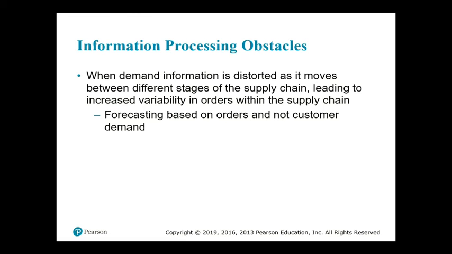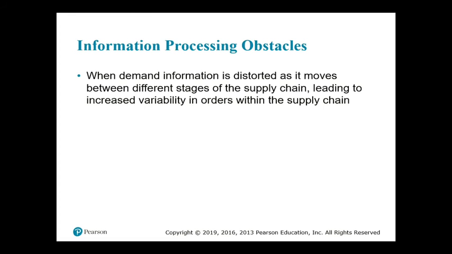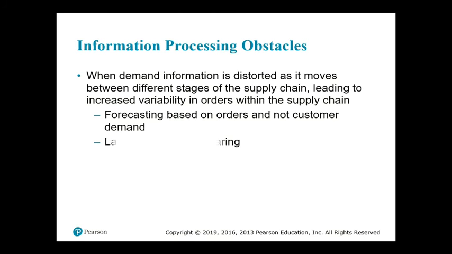So their production and orders will be based on the forecast of these immediate production orders, and this will get more and more distorted as we move up the chain. And this, of course, is made worse by the lack of information sharing.